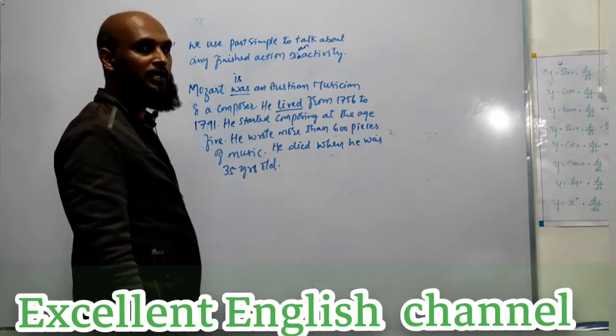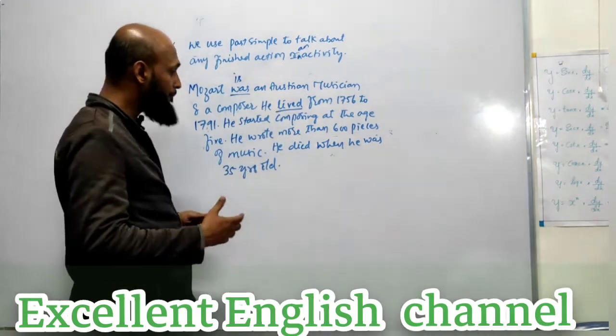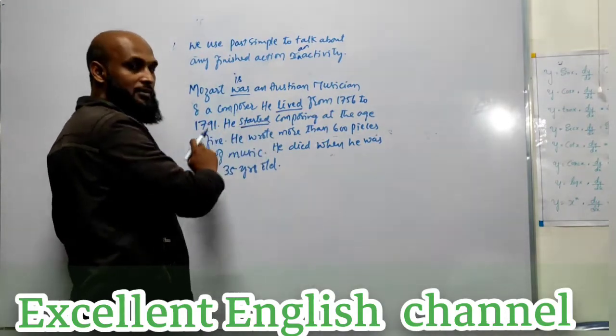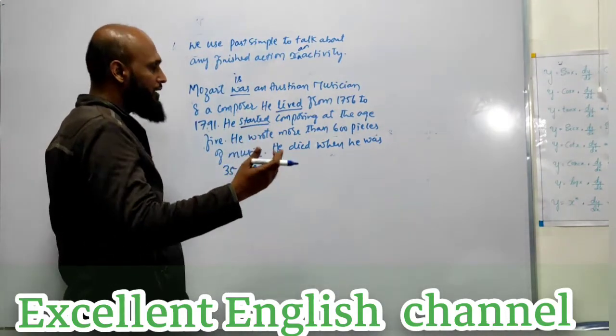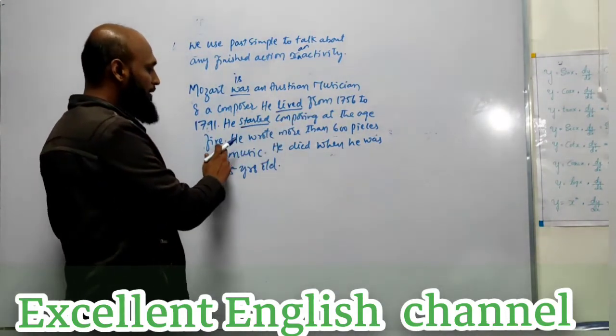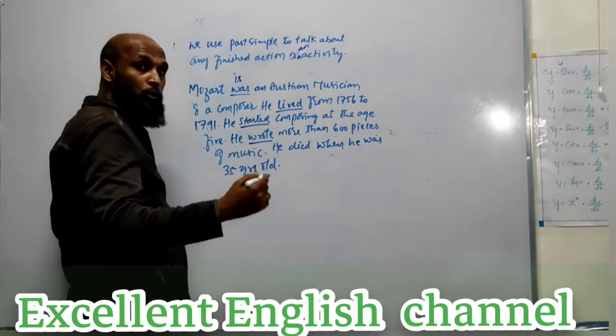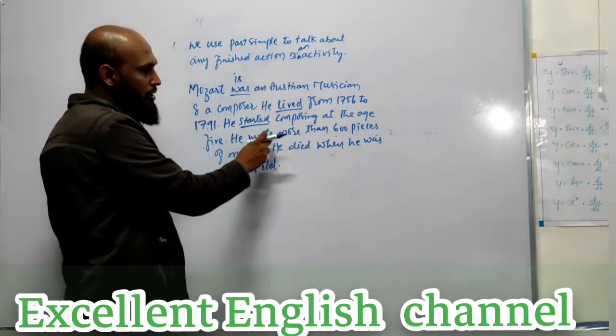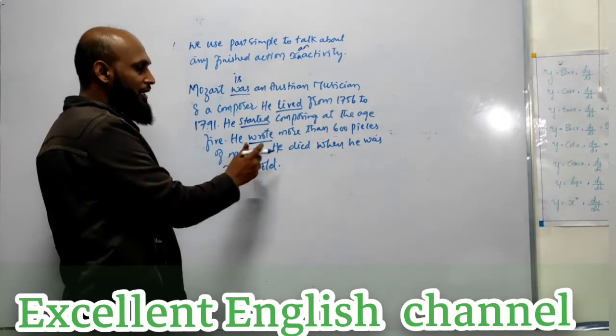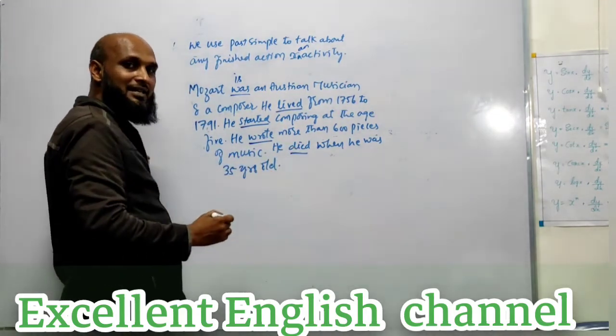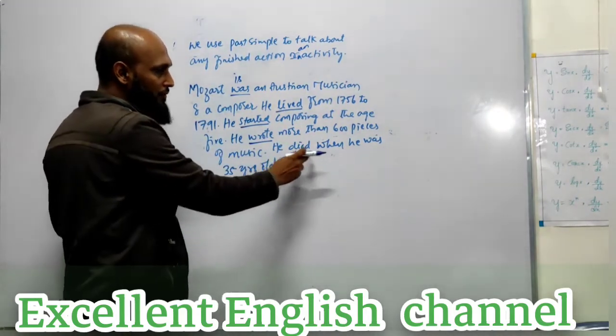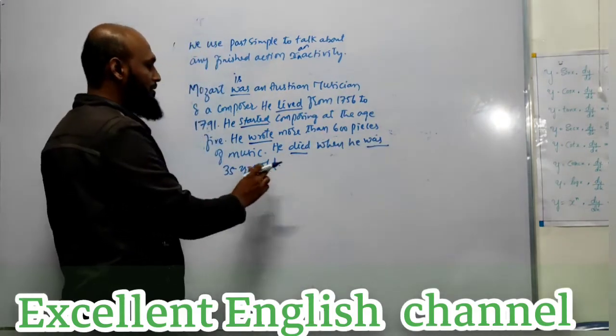He lived from 1756 to 1791. He started, again this is the main verb, started. He started composing at the age of 5. He wrote, written. So he wrote more than 600 pieces of music. He died. He died when he was 35 years old.